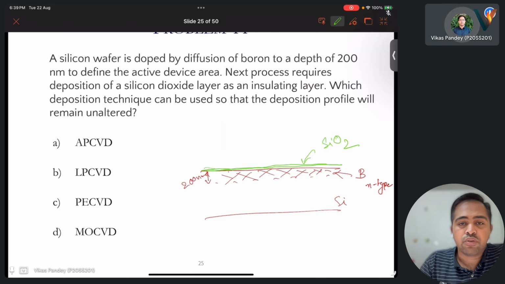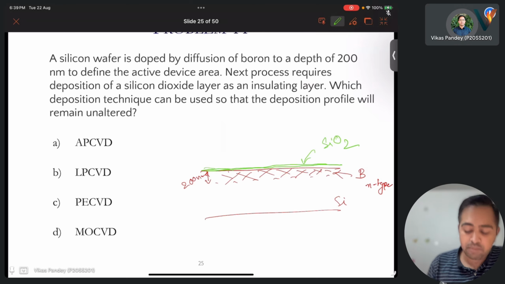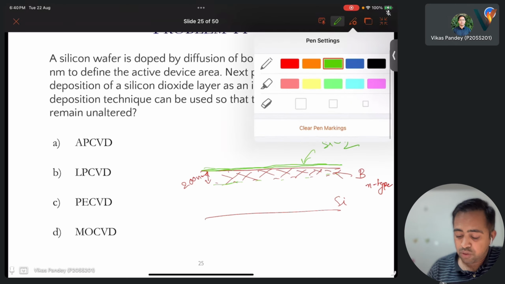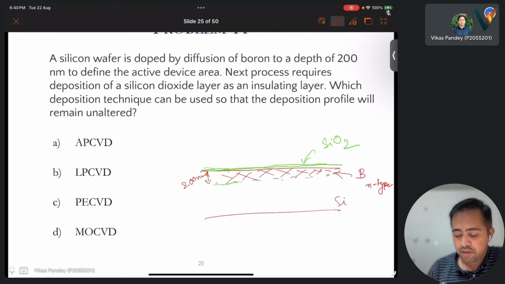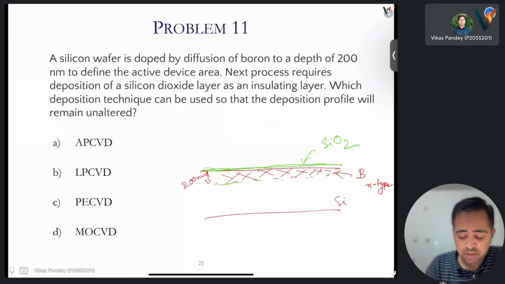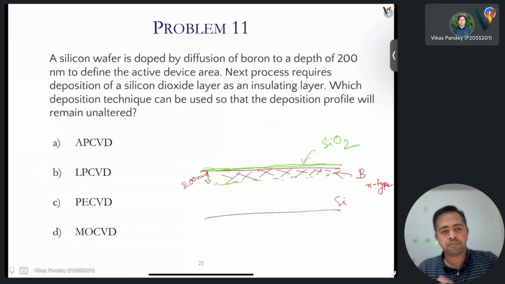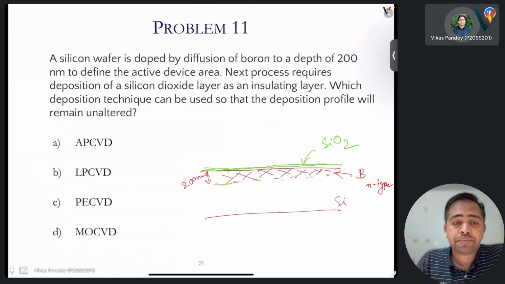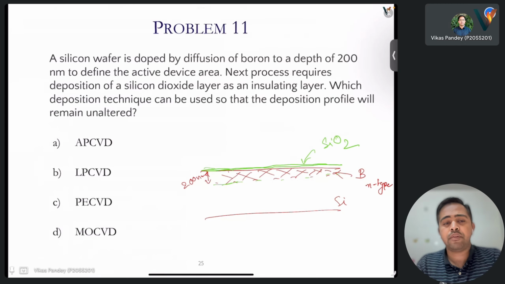Which technique can be used so that the deposition profile will remain unaltered? That means this doped area is not disturbed, and we get the deposition of SiO2. Any idea?